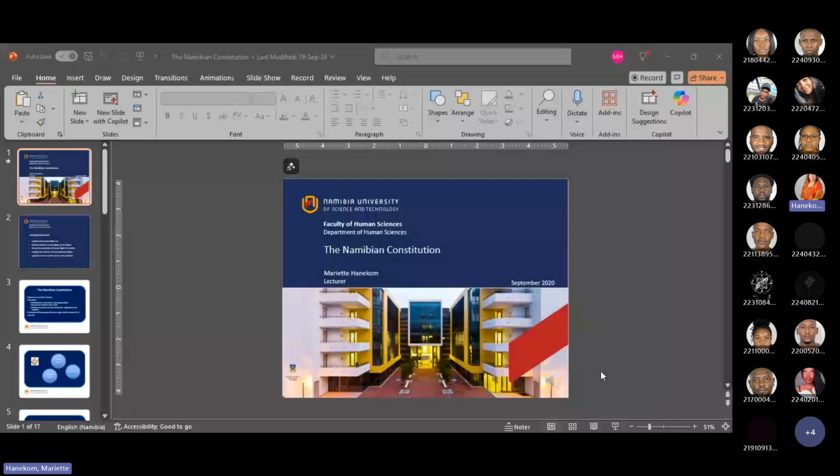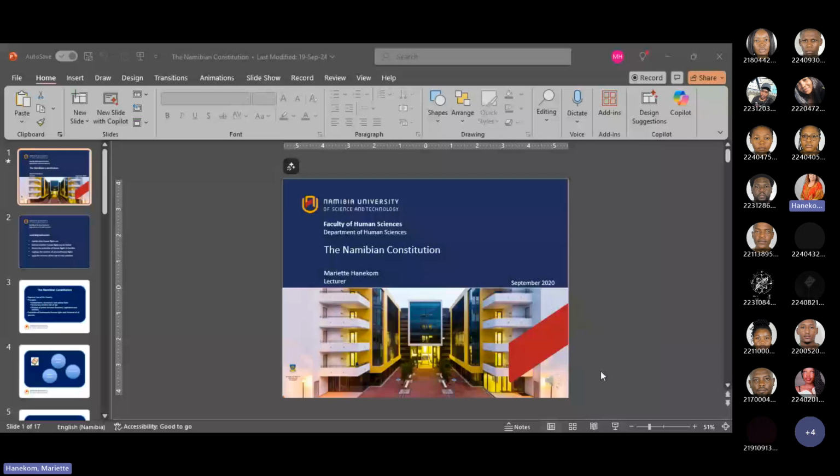Traffic and transportation law, in fact, is based on statutory law. Today we look at the Namibian Constitution. Next week we look at some different laws, acts of parliament that impact on transportation in Namibia. And after that, we start exclusively studying the Road Traffic and Transportation Act.